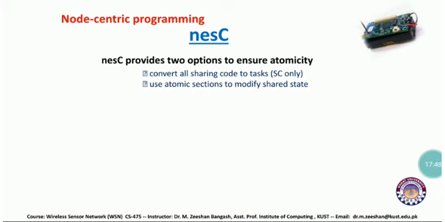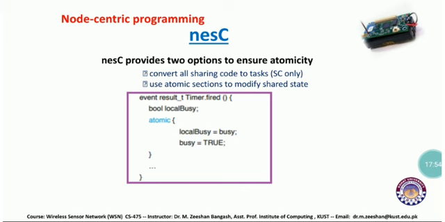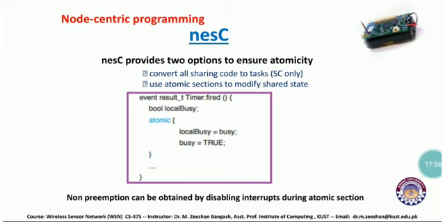So we discussed that NesC provides two options for ensuring atomicity, as you can see in the code shown on this slide. There is no preemption, which can be obtained by disabling interrupts during atomic sections.